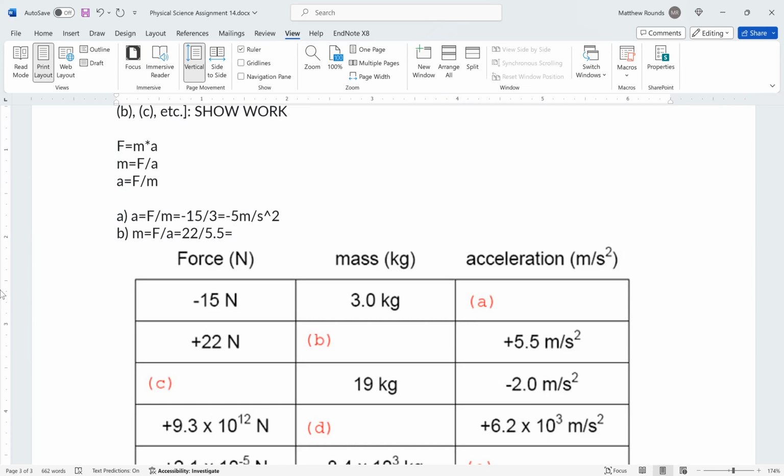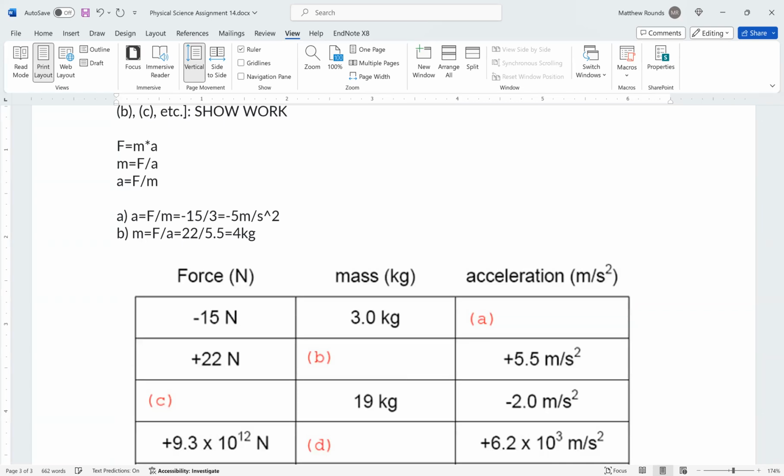The answer is 4. All right, and what are the units of mass? 4 kilograms. Okay. So for C, I want you to put into the chat the correct equation, the correct numbers, the correct answer, and the correct units.